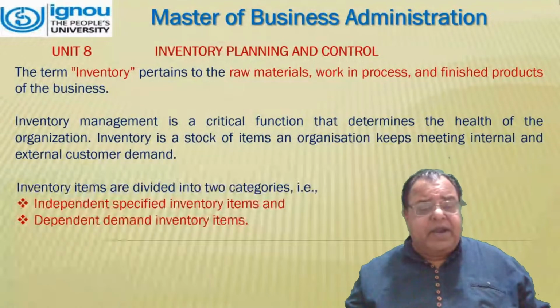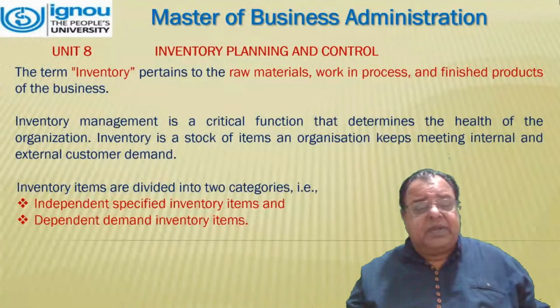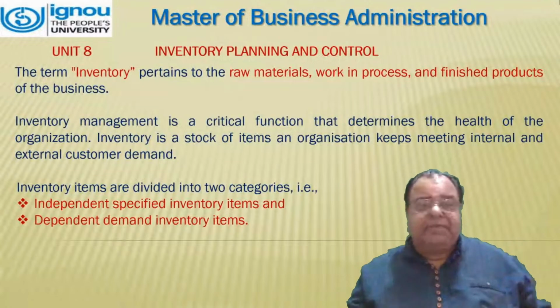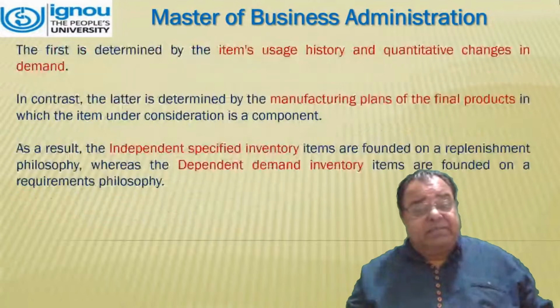Inventory items are divided into two categories, that is, independent demand inventory items and dependent demand inventory items. The first is determined by the item's usage history and is quantitative.